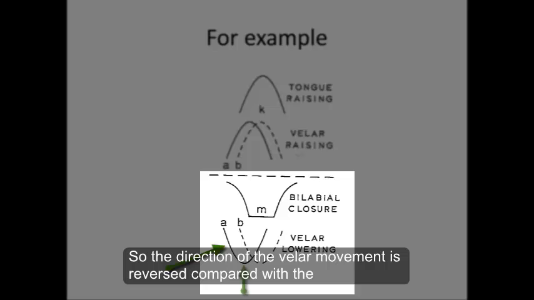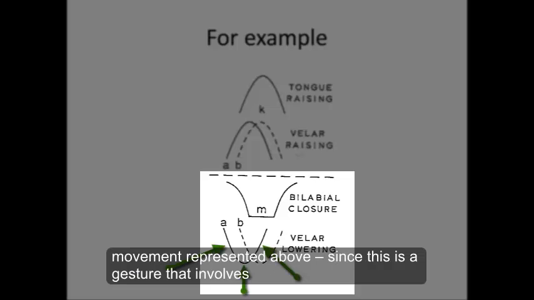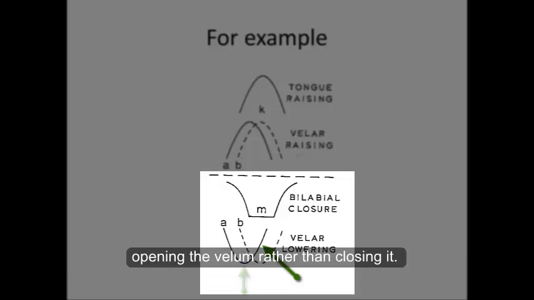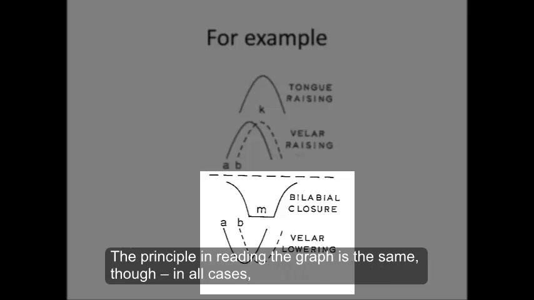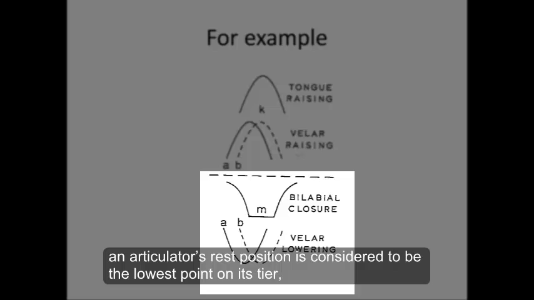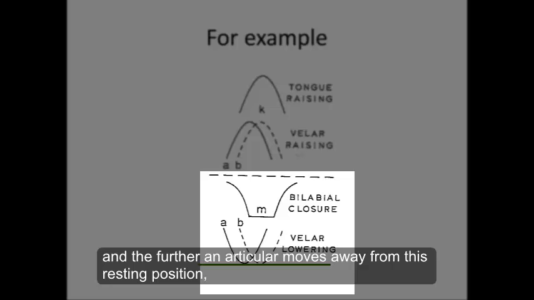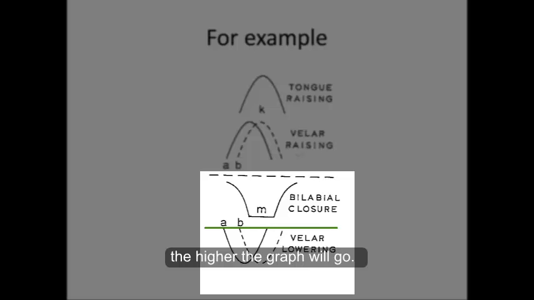So the direction of the velar movement is reversed compared with the movement represented above, since this is a gesture that involves opening the velum rather than closing it. The principle in reading the graph is the same, though. In all cases, an articulator's rest position is considered to be the lowest point on its tier, and the further an articulator moves away from this resting position, the higher the graph will go.